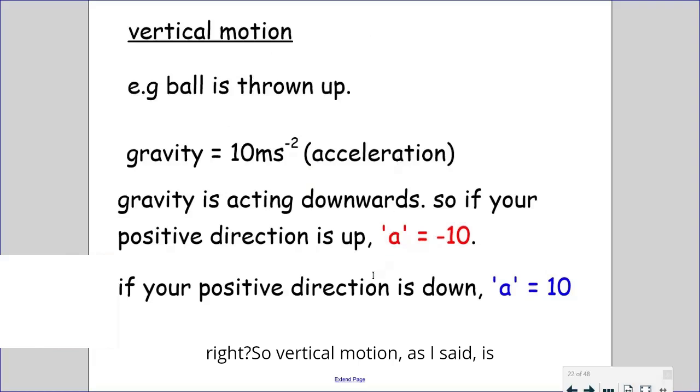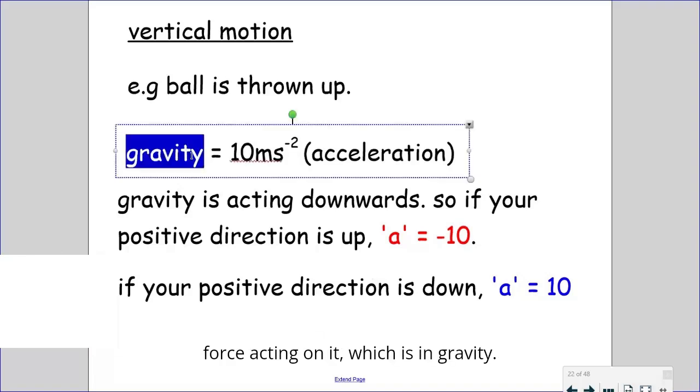Right, so vertical motion, as I said, is objects moving up and down. Now, when an object is in the air and it's not attached to anything, no string, no other support, it's in the air on its own, there will always be one force acting on it, which is gravity.